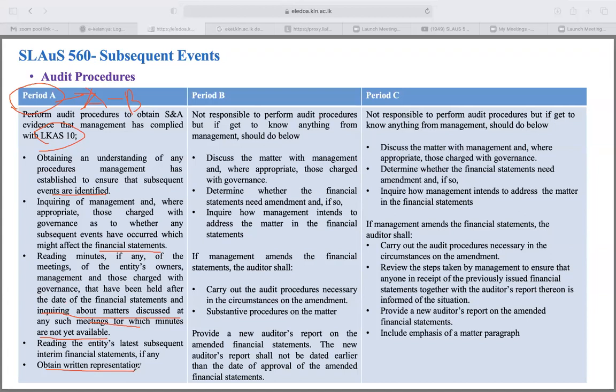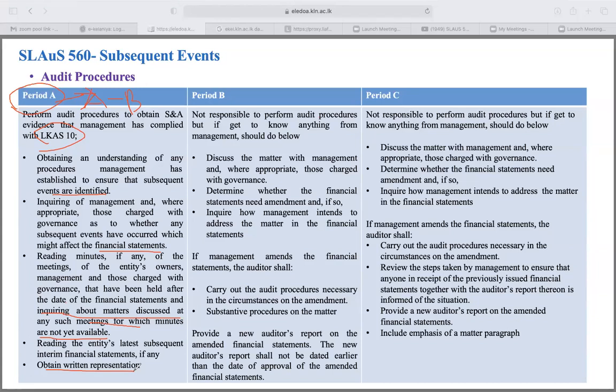So the audit procedures we need to do in this period: first we need to get an understanding of what is happening as a subsequent event, and you need to inquire of the management and find out what they have done for the financials and what the impact on the financials is. You need to read the meeting minutes of the company, or if meeting minutes are not available, you can discuss with the management what they talked about in the meetings, and you can check whether they are draft minutes.